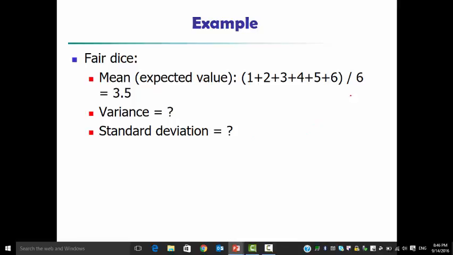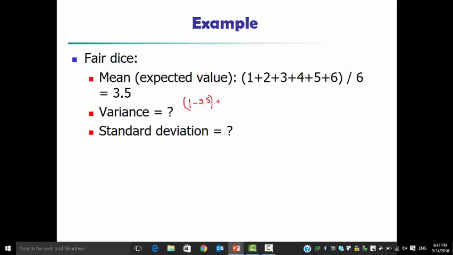So how can you obtain variance? Suppose that you have 1, 2, 3, 4, 5, 6. That is the data. The mean value is, add them up, divided by 6. Therefore, the mean value is 3.5. What is the variance? For each value here, 1 minus 3.5, that is a negative value.